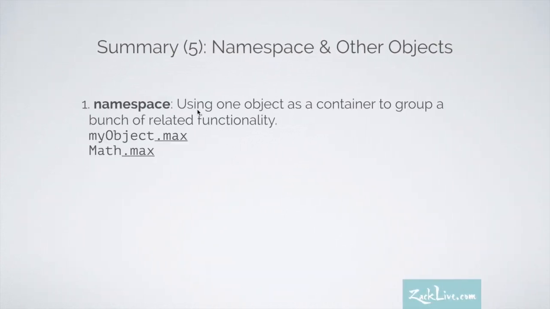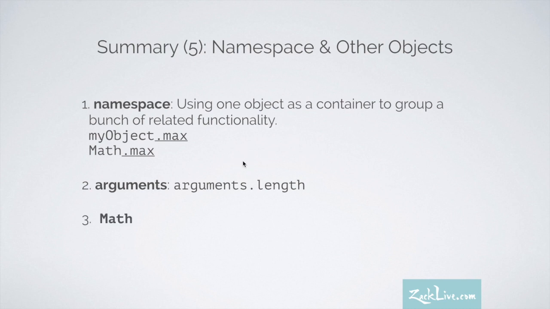Namespace is the method of using one object as a container to group many related functionalities. And we learned the arguments object, which contains all the arguments that are passed to a function.